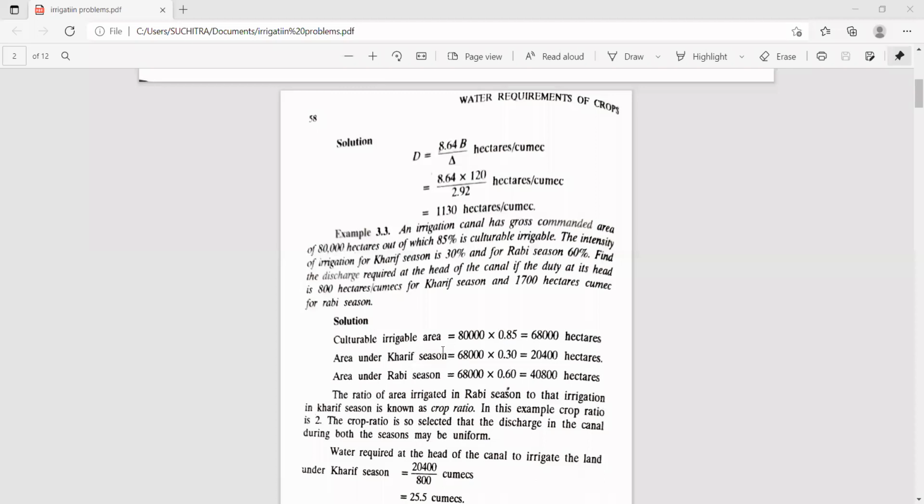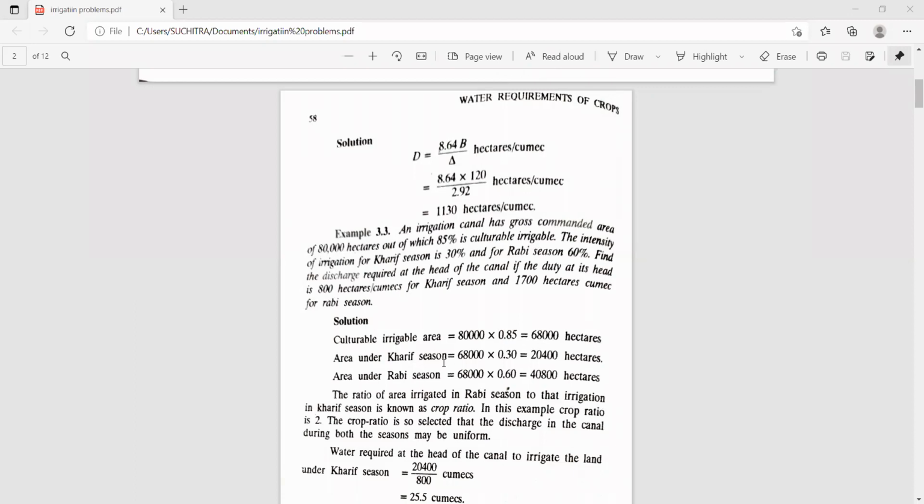Only about 85% of the 80,000 hectares is culturable irrigable area, so it is the gross commanded area multiplied by 0.85, which works out to 68,000 hectares.